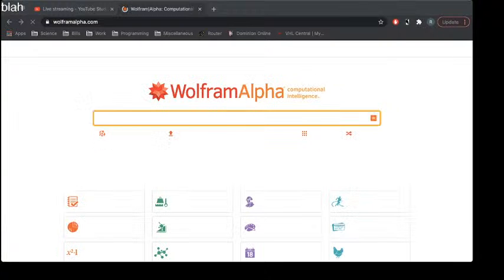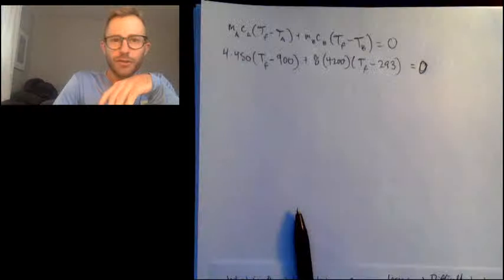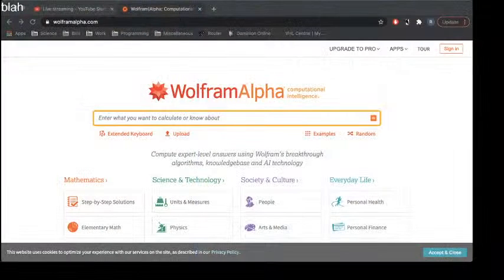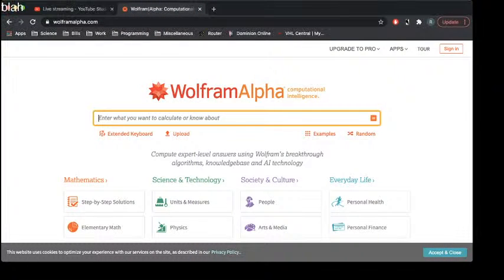But if you don't want to spend the time, so we have this equation here, you can do the algebra. But if you don't want to waste the time solving the algebraic equation, I would recommend going to Wolfram Alpha and just typing in your equation. So my equation was 4 times 450 times T final.